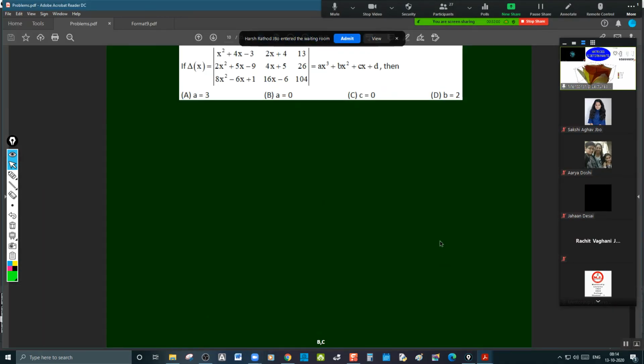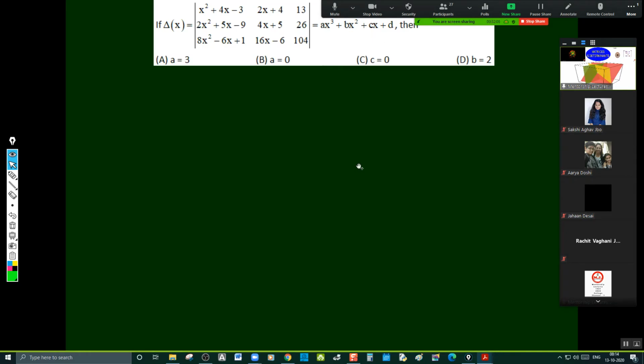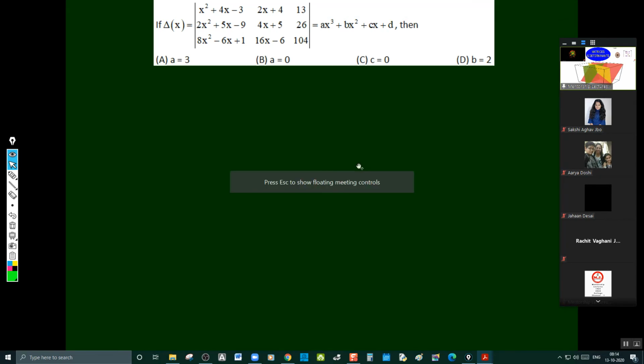I think we finished this, isn't it? Yes, sir. In the previous class we did this problem, and we differentiated the determinant 2x plus 4, 4x plus 5, 16x minus 6.